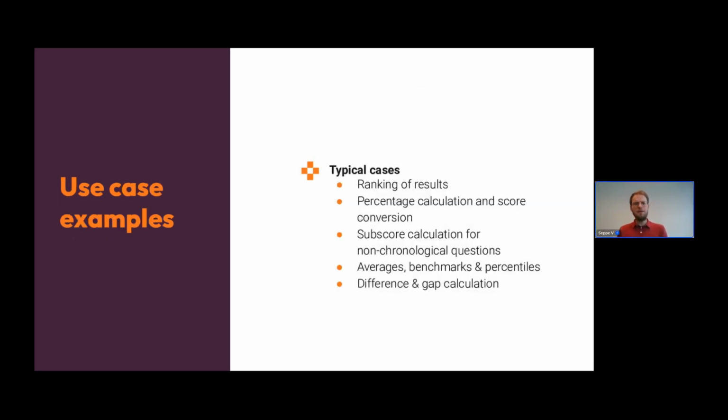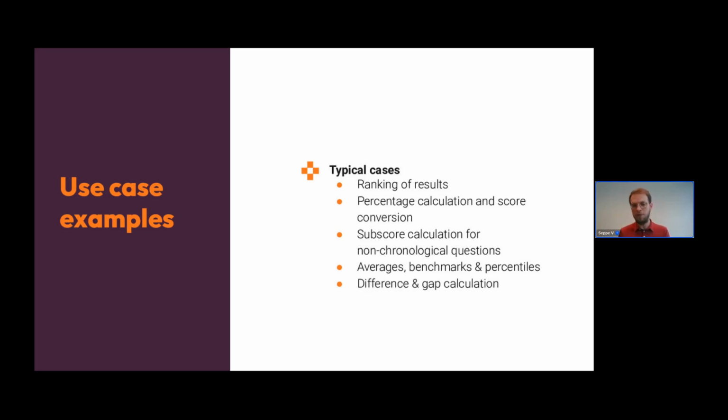A few other typical cases that make sense for formulas to be used is when you want to rank your results, when you want to do a percentile calculation and score conversion. So even if it's not converted to 100, it can be converted to 25 or 162, for example. You want to typically do this with formulas. Also subscore calculation for non-chronological questions. So imagine that you want to reference the result for question 1, 5, 7, and 10.